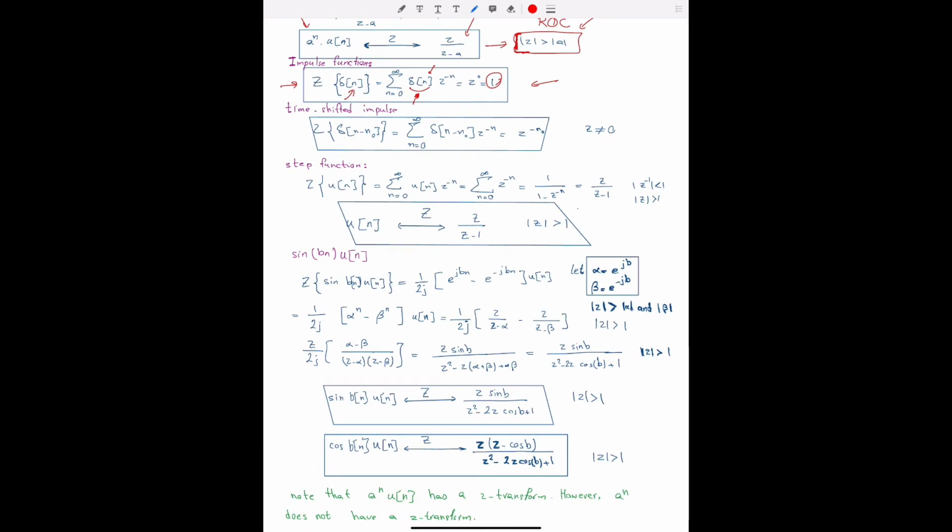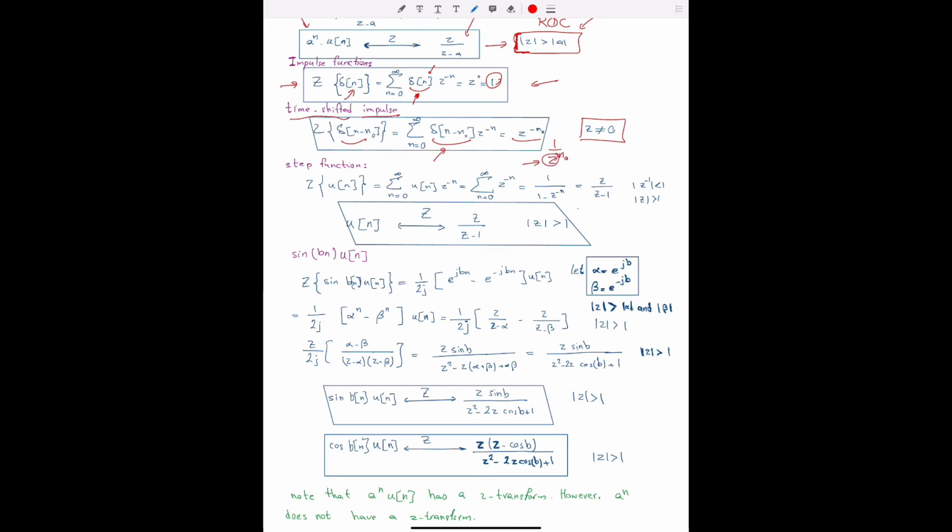How about a time-shifted impulse function? Will it be the same? If we put it inside here, this will only have a value at n naught, so we get z to the power of minus n naught. So what's the region of convergence here? The region of convergence is not the whole plane now, because this is equal to 1 divided by z to the power of n naught, so z cannot be 0.